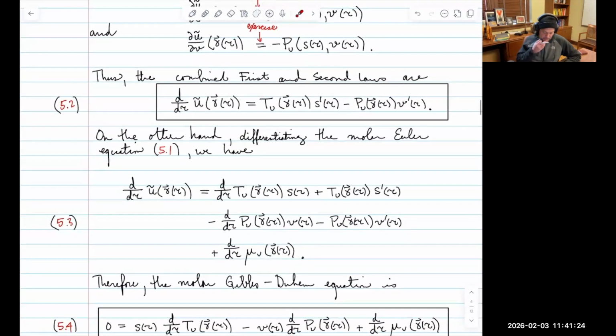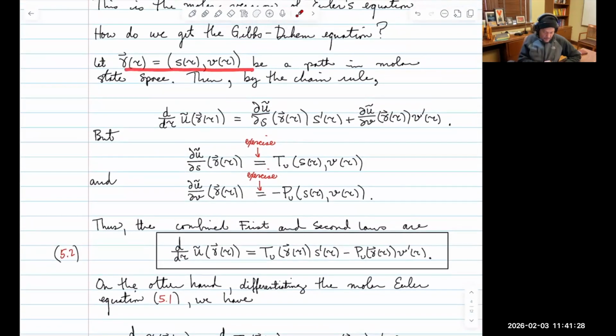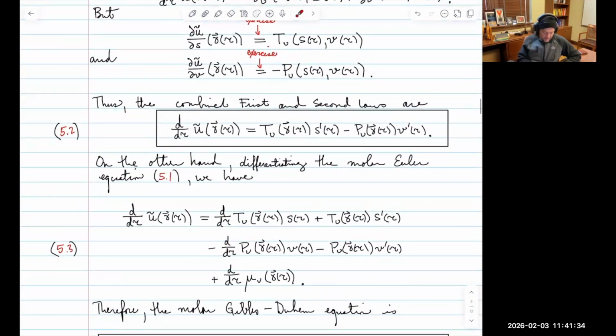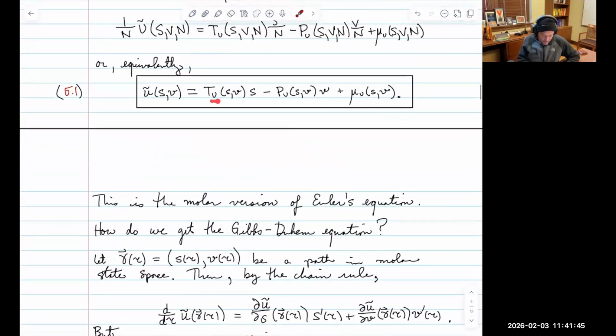Okay, so if I do that, if I use this process path in molar state space, and take the tau derivative using the Euler equation, well, I'm going to leave the left-hand side alone, but there are how many terms in this molar Euler equation?